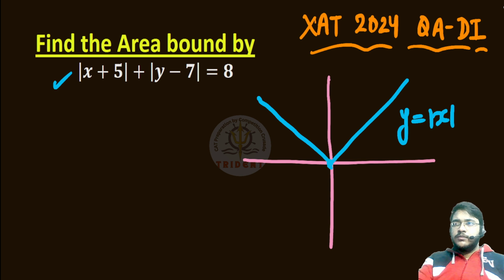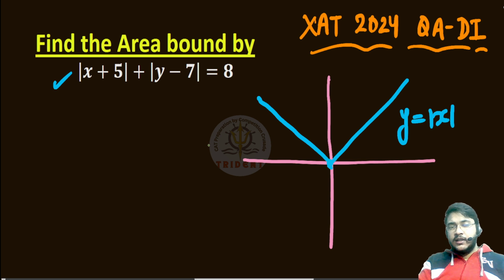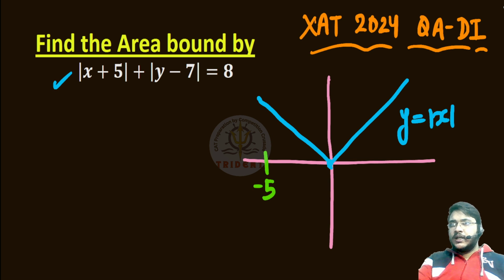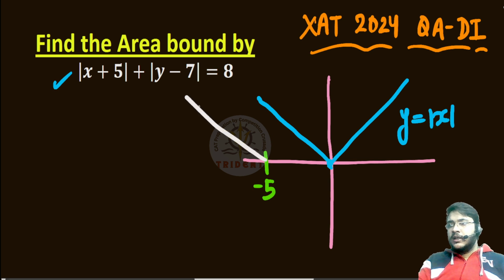If I equate x plus 5 to 0, I get the critical point at minus 5. So at x equals to minus 5, my graph will open exactly the same graph, nothing different. The slope still remains 1, and if you know what slope is, great.